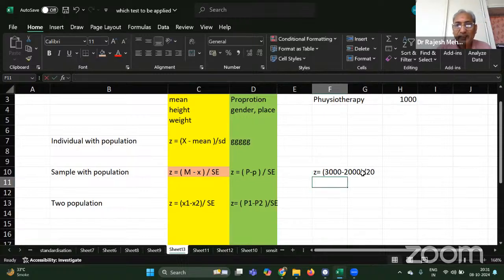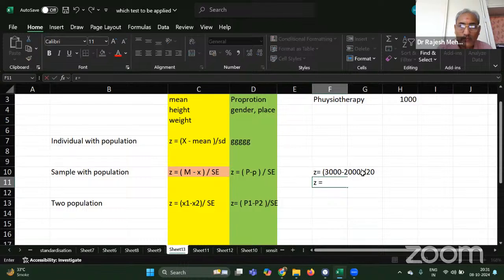So Z is equal to 1000 by 20, that means 50. That means the distance between the expected value and the observed value in terms of standard error was 50, which is very high. So it looks like the sample which was taken was a purposive sample, or it was not a random sample. There was some bias which you can find out.